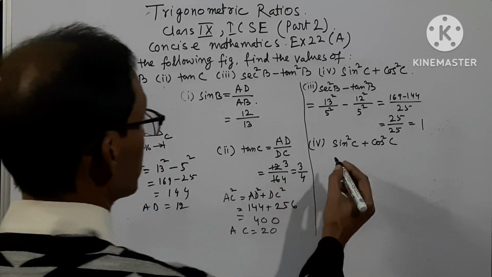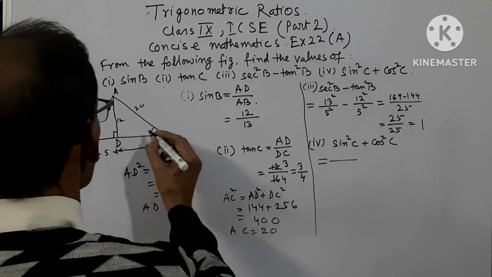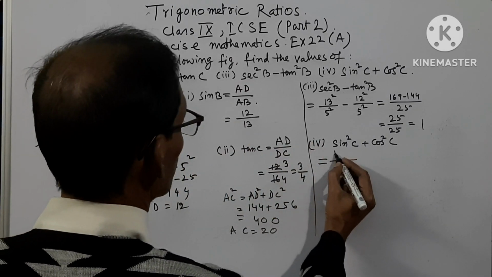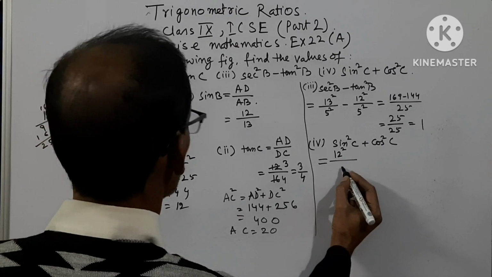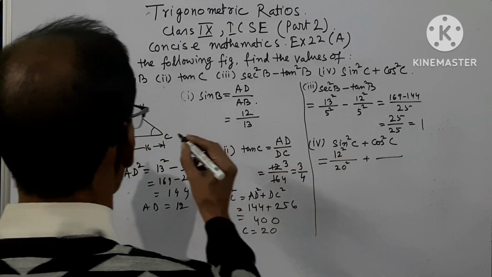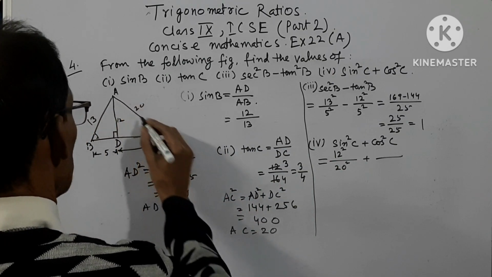So sin square C means AD square by AC square. That means 12 square by 20 square plus cos C again, base by hypotenuse.